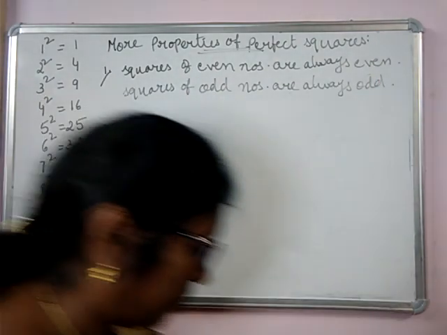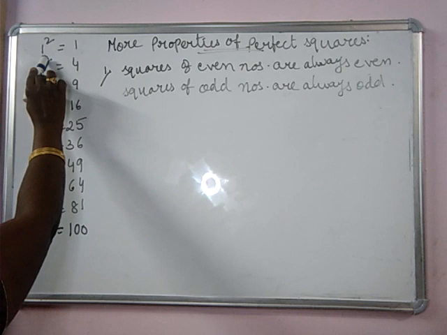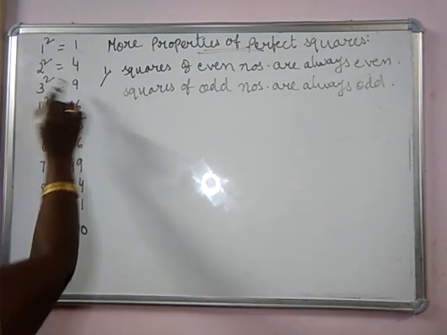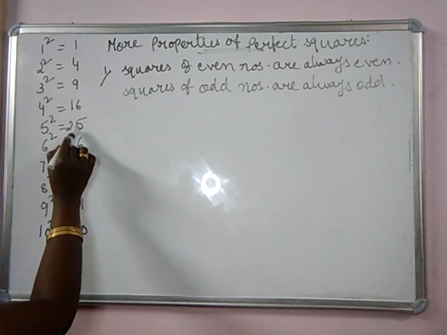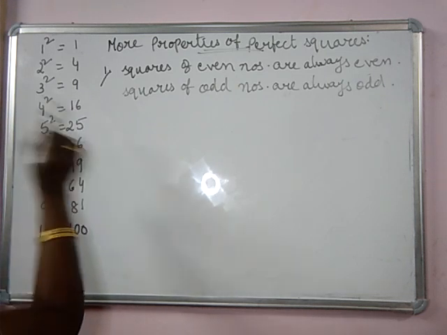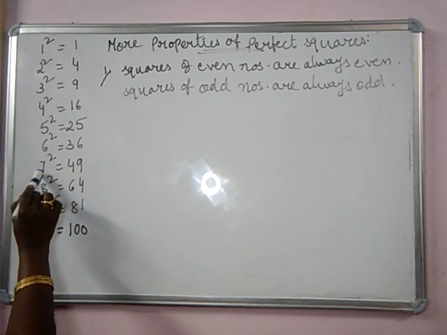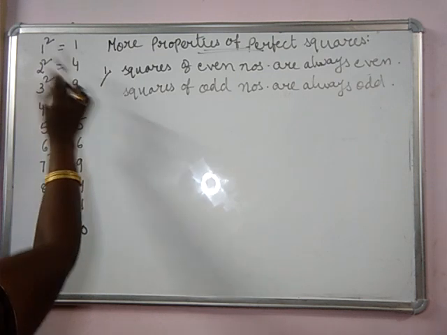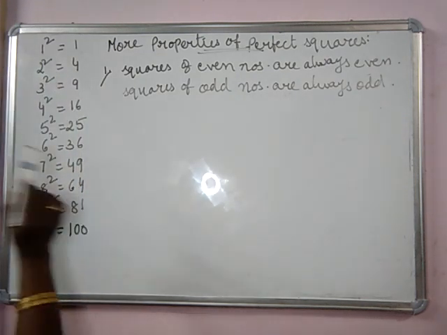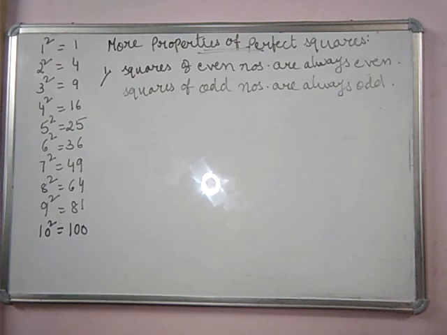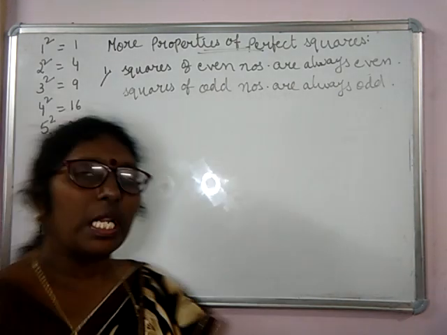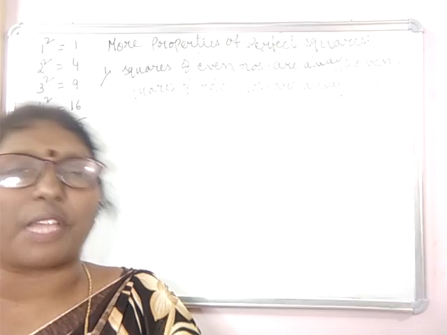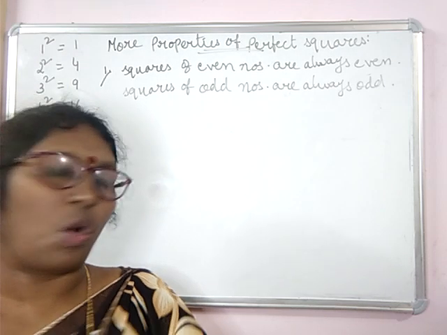You see, here 1 is an odd number, 1 square is 1. 3 is an odd number, 3 square is 9, an odd number. 5 is odd, 5 square is 25, odd. 7 is odd, 49 is odd. Same way, 2 is even, 2 square is 4. 8 is even, 8 square is 64. 10 is even, 10 square is 100. That is what? Squares of even numbers are always even, and squares of odd numbers are always odd.